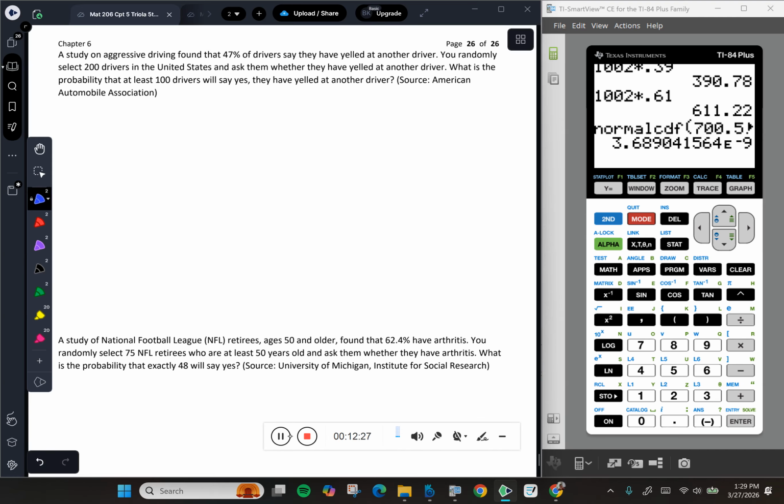Okay, I'm seeing binomial here, so I'm going to go grab that binomial data. I got a sample size of 200. According to the data, 47% should be success, which means that 53% should be failure, and X could be anything 0, 1, 2, all the way up to 200.